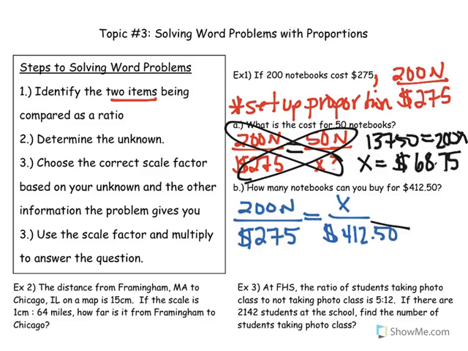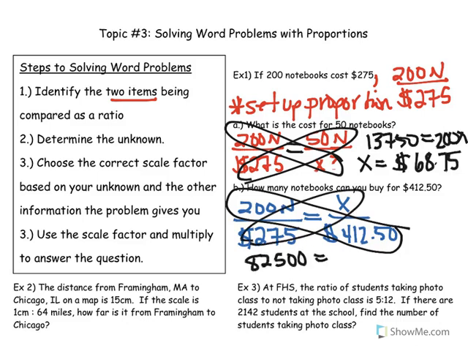And let's use the cross product. So I'm going to multiply here, 200 times 412.50, that's 82,500 equals 275x. Divided by 275, and I get 300. So that means there's 300 notebooks. Make sure you have your units on your final answer, okay?